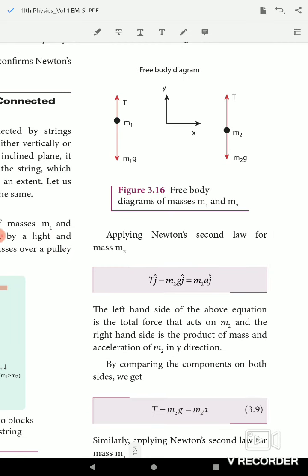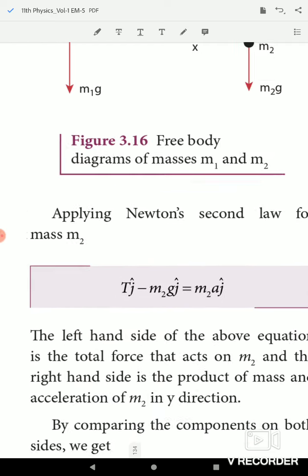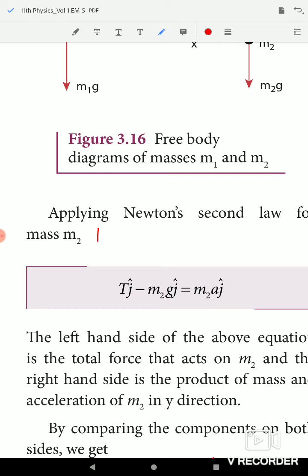You write F equals M2a, and the force vector F equals T j cap minus M2g j cap.